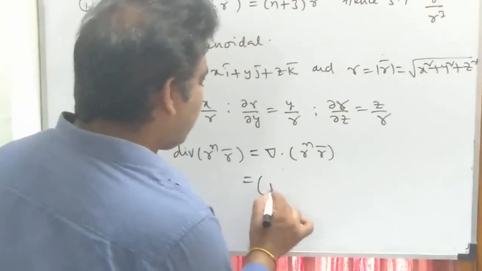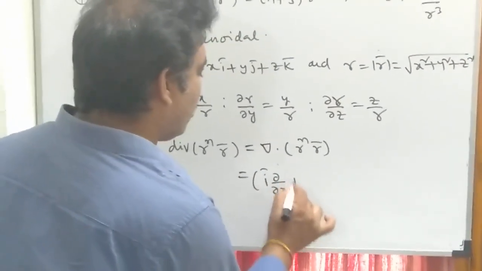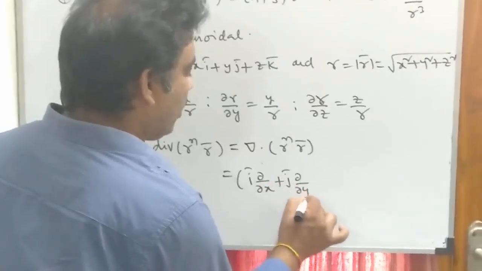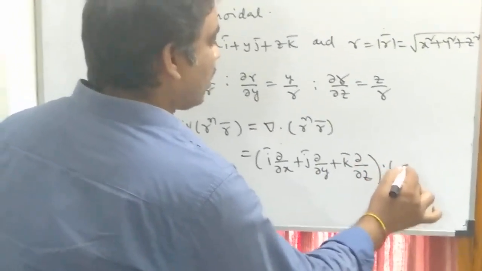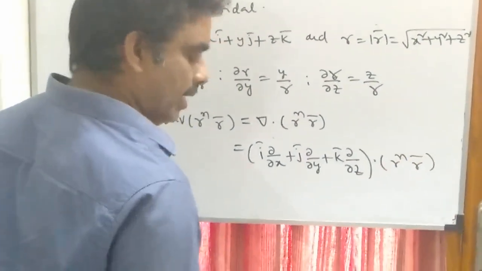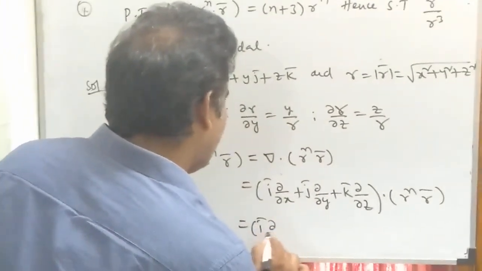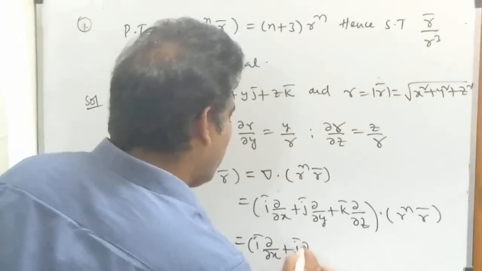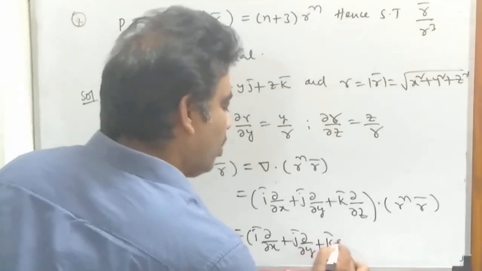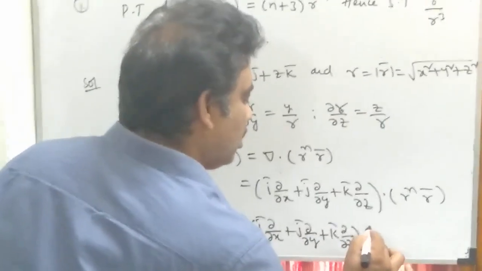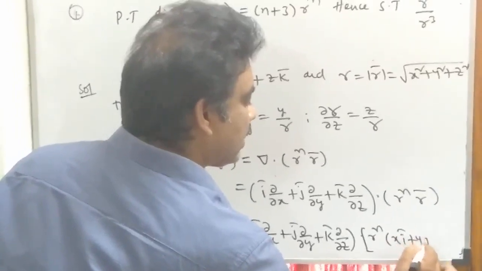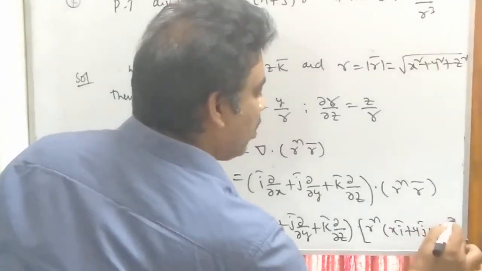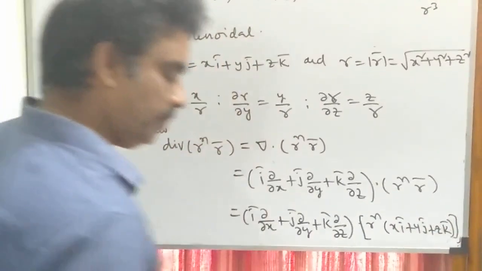We know that del is a differential operator, i bar ∂/∂x plus j bar ∂/∂y plus k bar ∂/∂z, dot product with r power n into r bar, where r bar is x i bar plus y j bar plus z k bar.